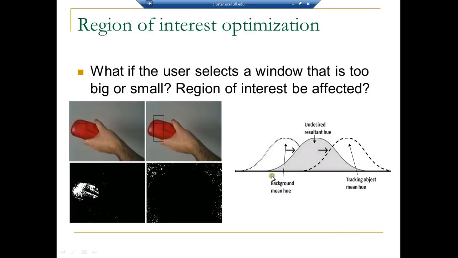Hence, once you combine these two through the mean, you get an undesired resultant hue. To alleviate the problem, instead of using the mean, I use the median, since it is assumed that the user is able to select at least 50% of the object. Hence, the window consists of at least 50% of the object of interest.